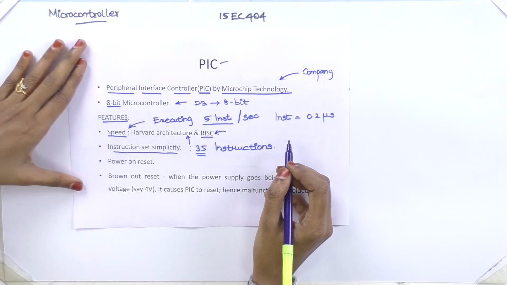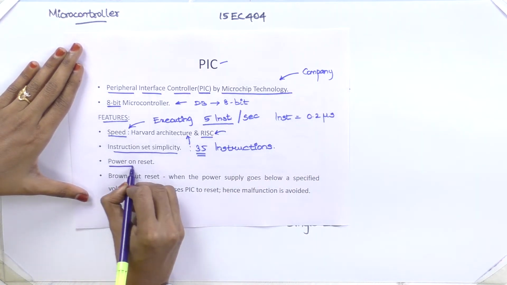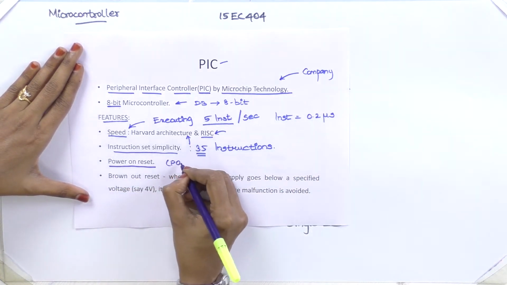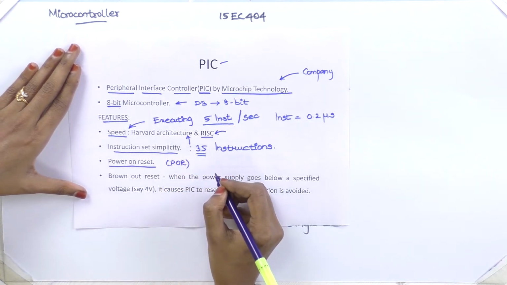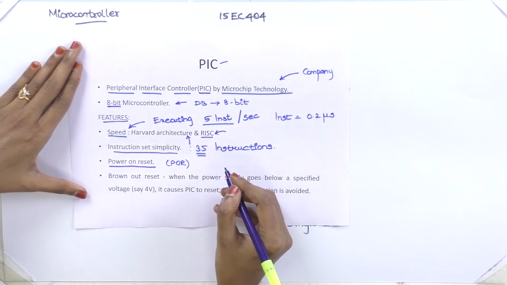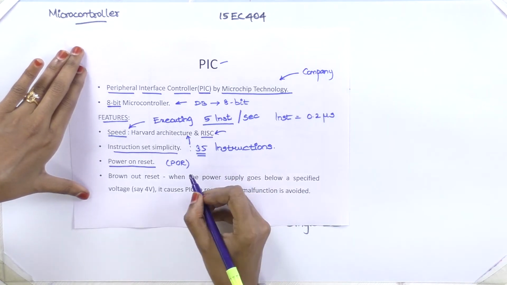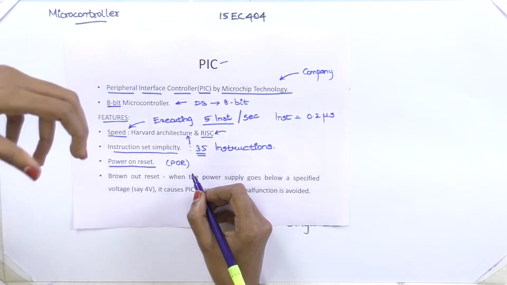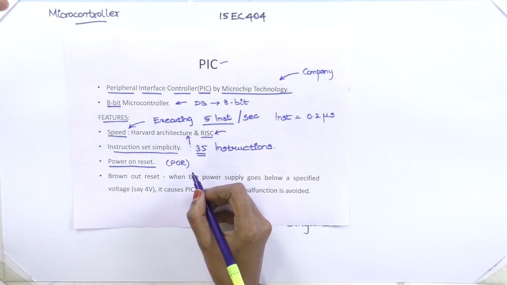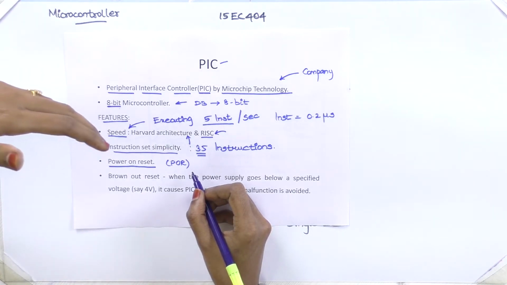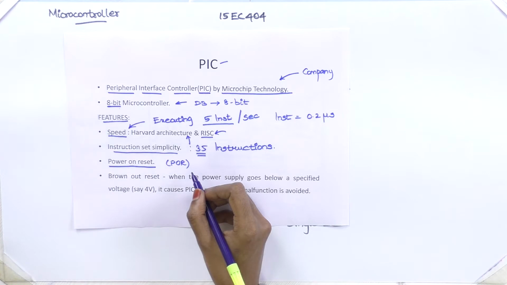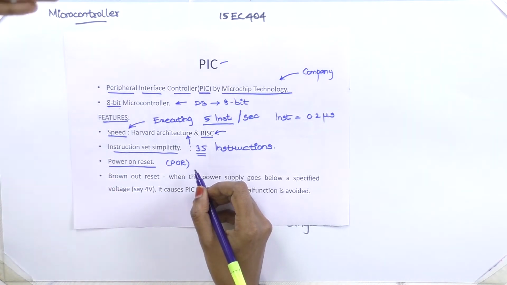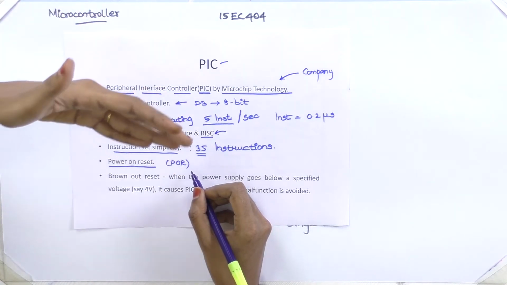Okay, fine. And the next feature is power on reset, POR. This is the most important feature of PIC. What is power on reset in the sense, when you switch on the power to this IC, at the initial time all the registers inside the PIC microcontroller get reset. In the architecture of 8085 and 8086, we discussed the instruction pointer, source index, destination index, general purpose registers, special purpose registers.